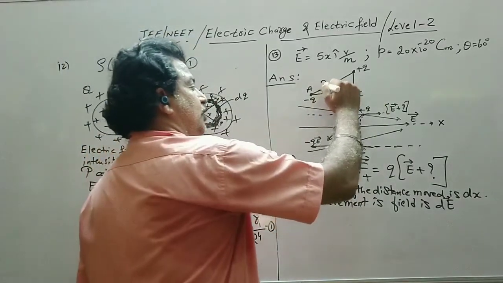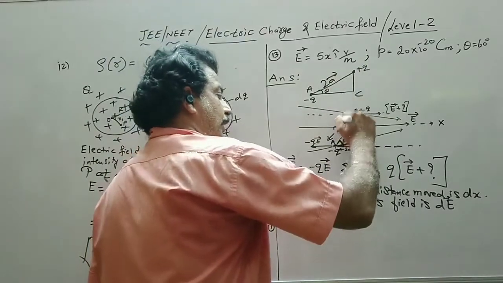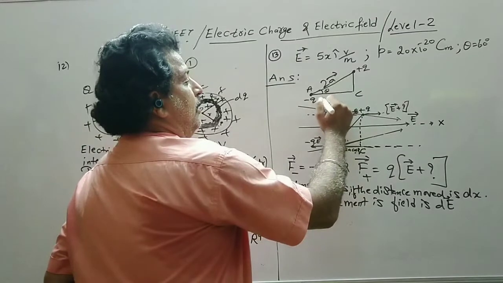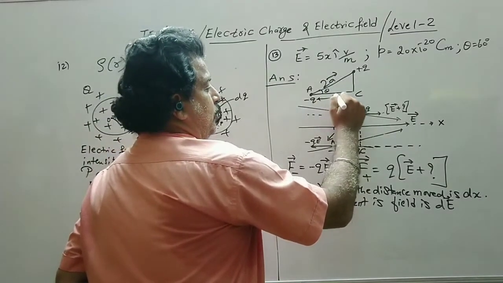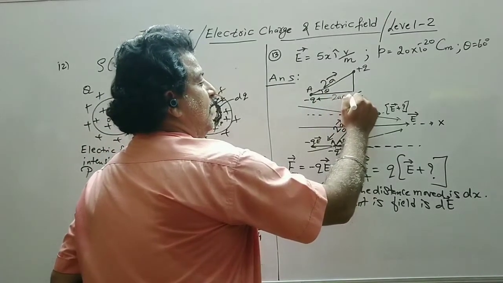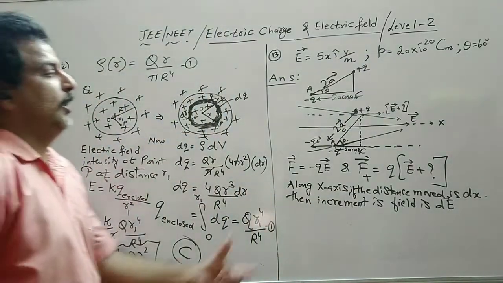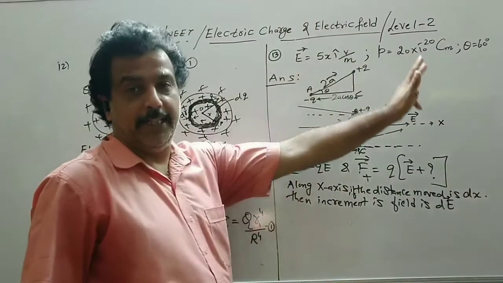This is your 2a vector, and if this is the angle, then the distance between the two charges in the direction of the field is 2a cos theta.